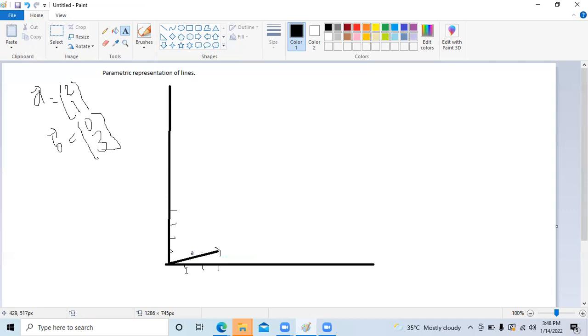So 0 on the x-axis and then 3 on the y-axis. So let me draw my vector A and vector B this way. Of course, I can't draw it on this line. It's supposed to be on this line, right? So this is vector B.